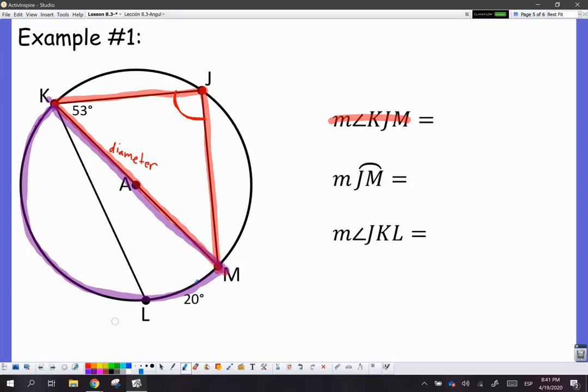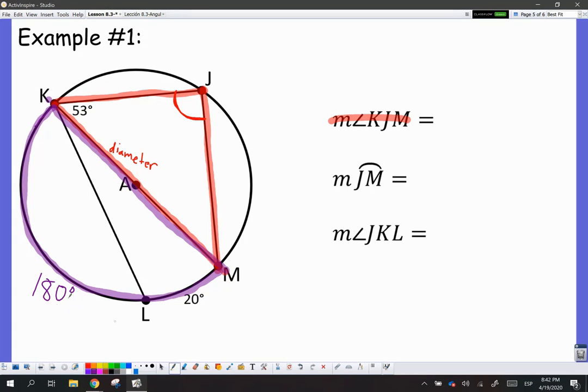So this must be a semicircle because it's half the circle. And if a complete circle is 360 degrees, then a semicircle must be 180. So I know that the arc here measures 180 degrees because I have the diameter KM, which happens to be the endpoints of my angle as well.